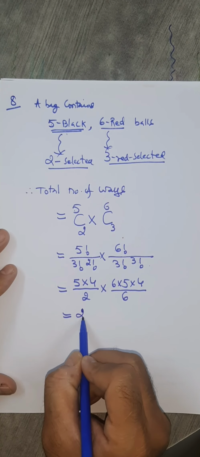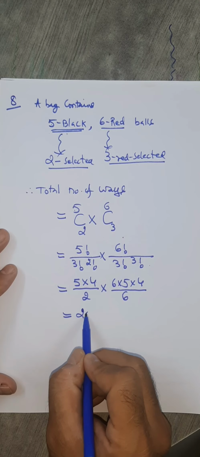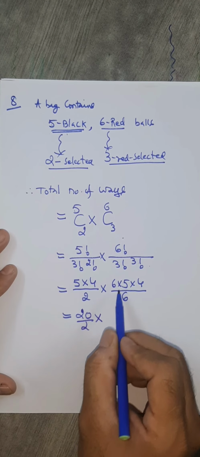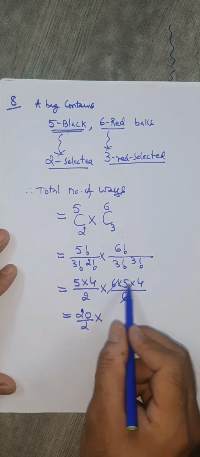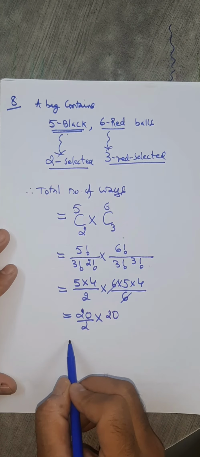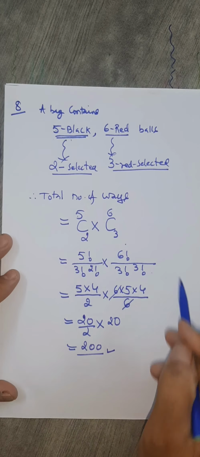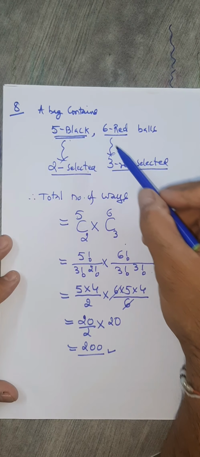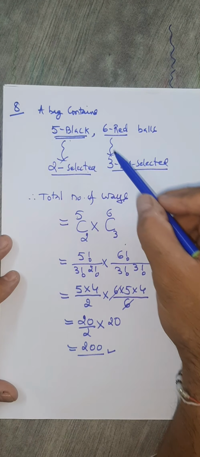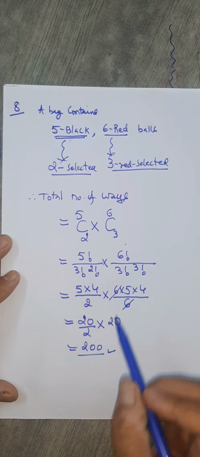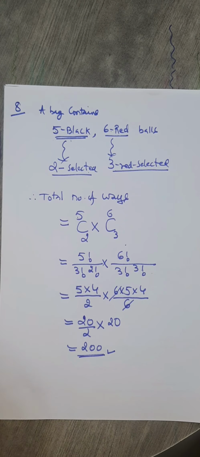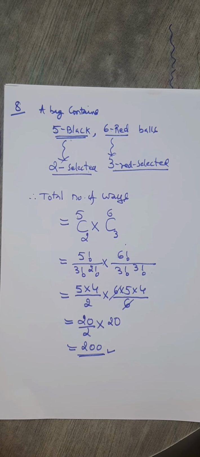This is 20 by 2, so that would be just 10. This is 20. So finally you will get 200. So there are 200 ways of selecting 2 black color balls from 5 black and 3 red color from the 6 red. 200 ways are there of selecting 2 black and 3 red color balls from 5 black and 6 red.